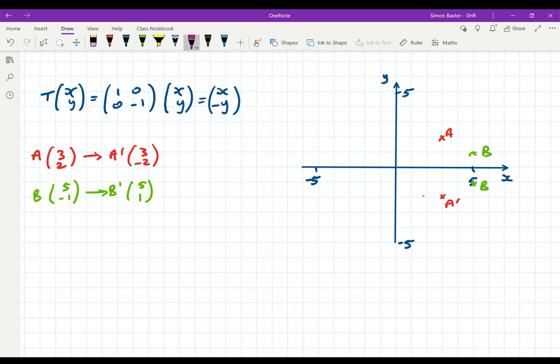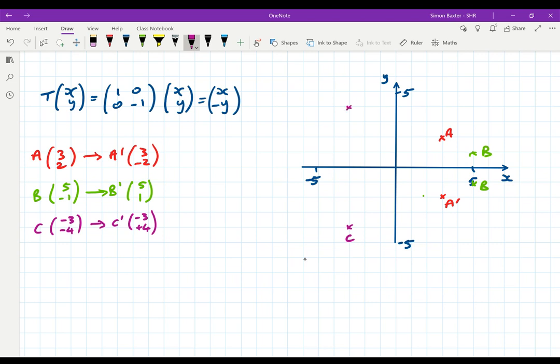Let's take a third point, C at (-3, -4). Looking at the equation, x stays the same. y becomes minus, which is then +4. So C was at (-3, -4), and C dashed is at (-3, 4).